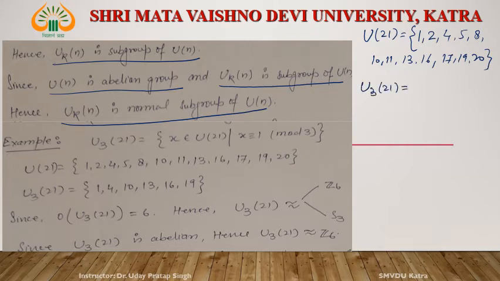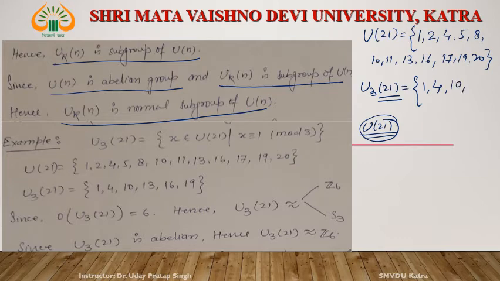Now U321 means those elements in U21 which, if we divide by 3, give us remainder 1. What are those numbers? 1. 4, if we divide by 3, remainder is 1. 5, if divided by 3, then remainder is 2, then 5 is not here. 8, if we divide by 3, then remainder is 2. 10, if we divide by 3, remainder is 1.